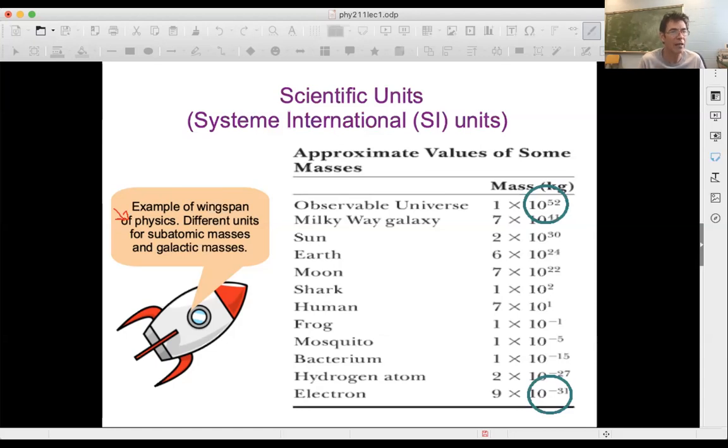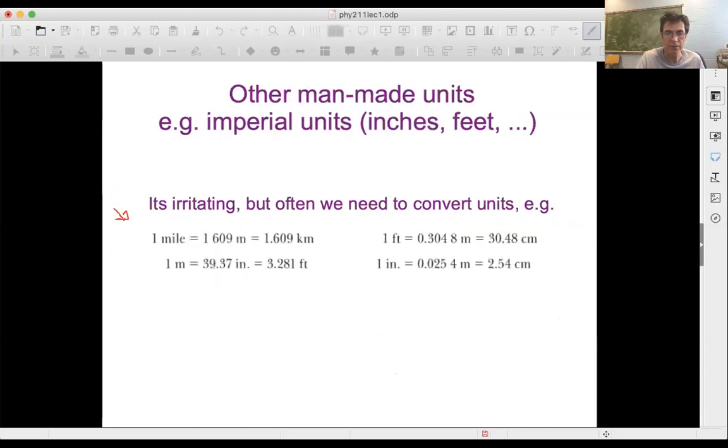It's unimaginable. The mass of a proton, I do remember, is about 10 to the minus 30 kilograms. It's some tiny, tiny fraction of a kilogram. But anyway, that just gives you an appreciation of the huge scale of different masses, of different times, of different lengths in physics.